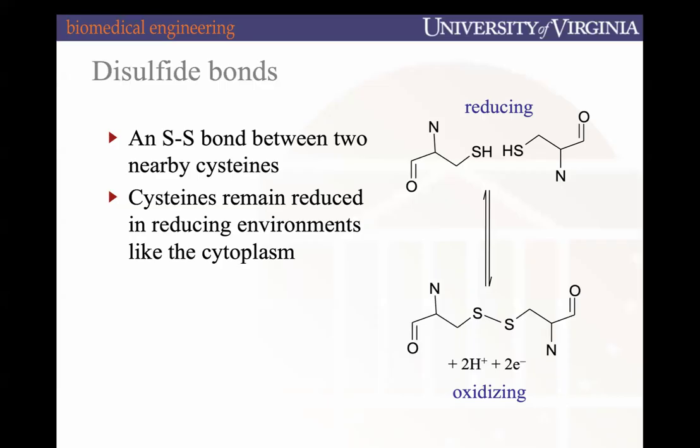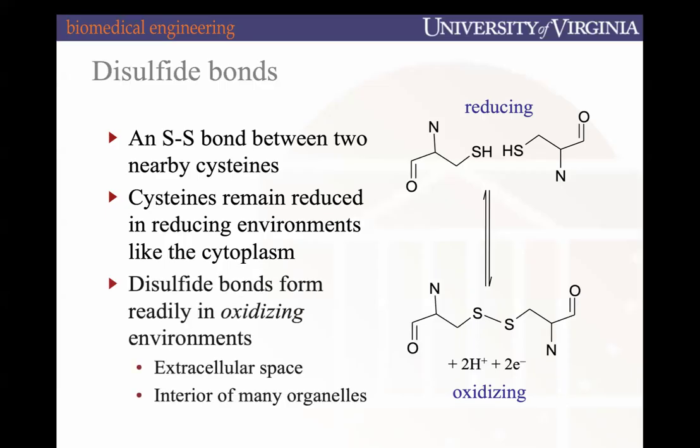So as proteins are being synthesized, and if they're being processed out into the cytoplasm, they're typically not ready for their bioactive shape. And so the cytoplasm is a reducing environment where we're not going to have those disulfide bonds occurring quite yet.